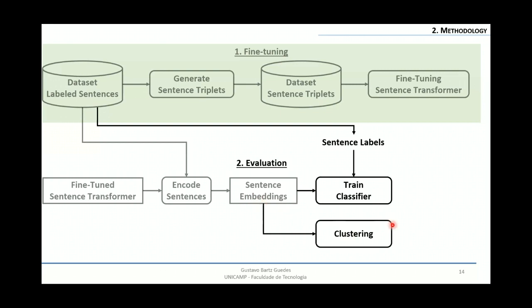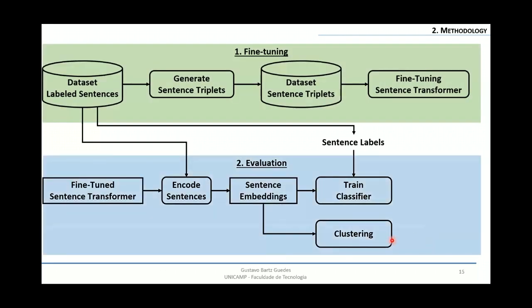We don't need the label for that, since clustering is unsupervised learning. So we train these classifiers using the sentence embeddings and the label that comes from this dataset of labeled sentences. And here we use the embedding directly for clustering.